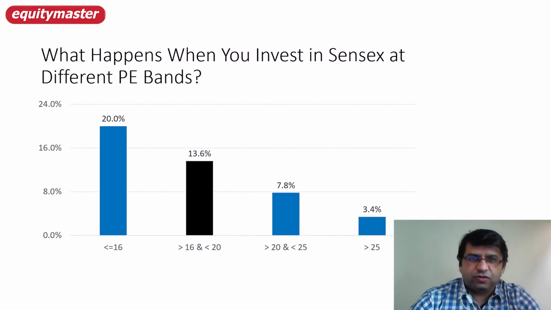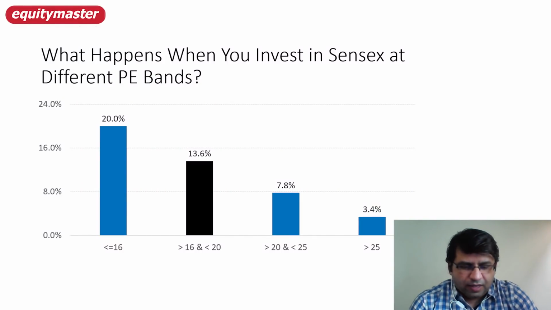Now the very first rule of our blueprint or our process was maximize your exposure to penny stocks when the markets are cheap and minimize your exposure to penny stocks when the markets are expensive. And to help you with this, I have this chart which is there right in front of you. As the chart highlights, it is the future 3-year returns of the Sensex at different price bands over the last 30 years.